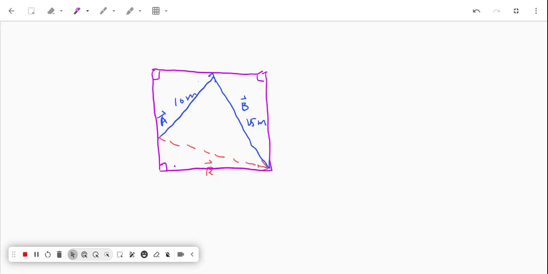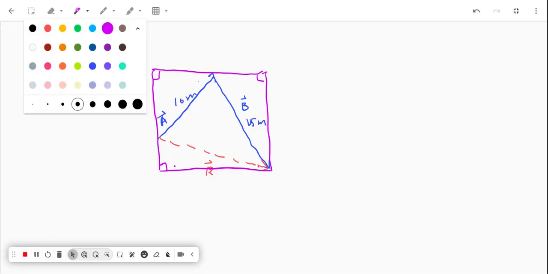So as I mentioned yesterday, I'm going to do the red for the rectangle. So R, the red dotted line, is what we're looking for, right? And it is the hypotenuse of the right angle triangle at the bottom.